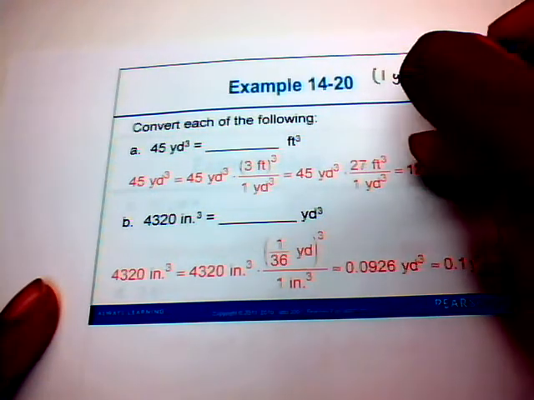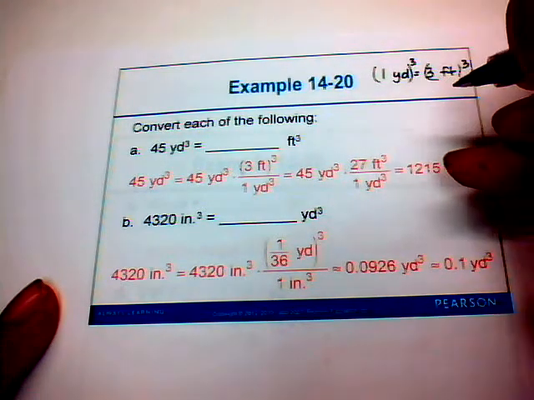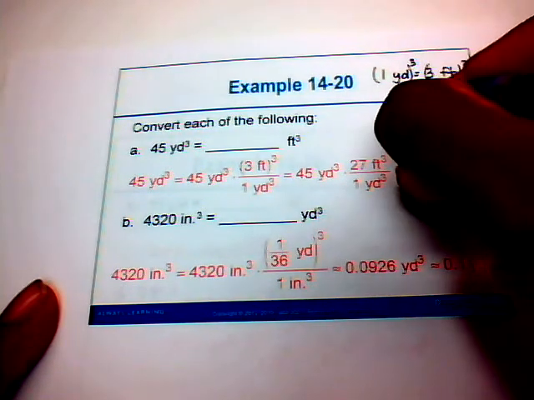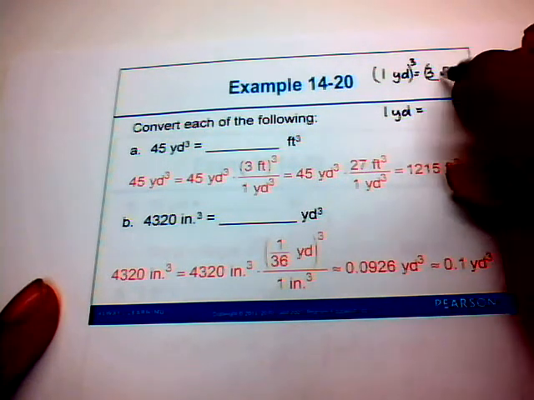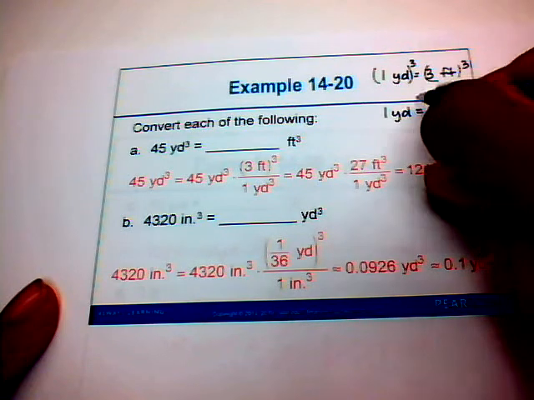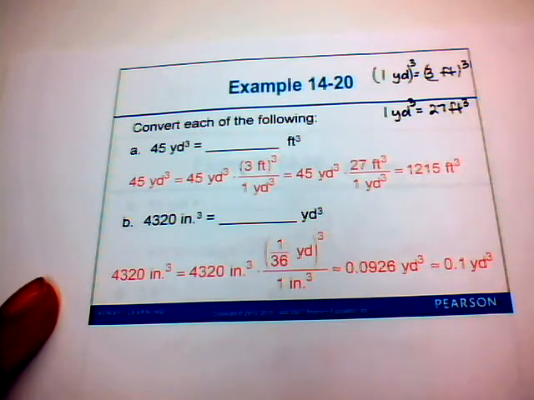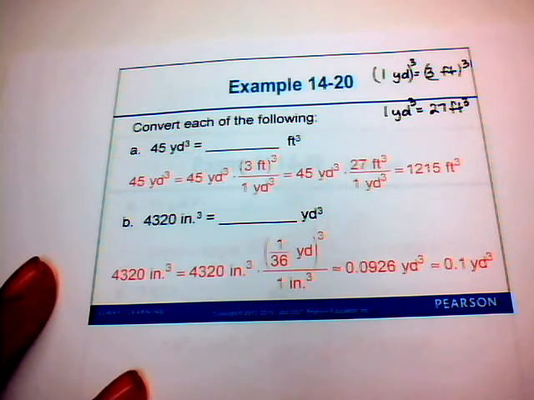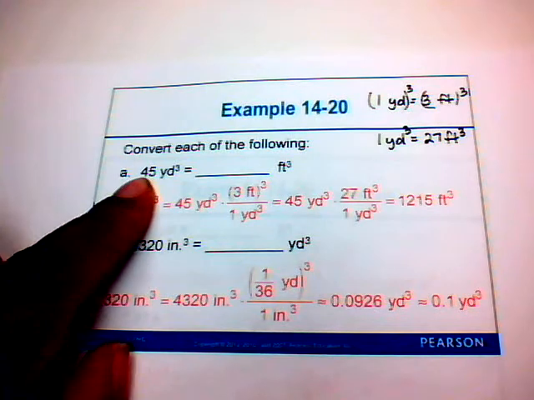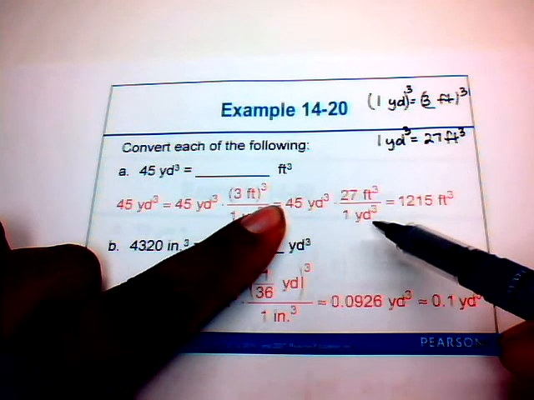If I cube both sides, it means this. 1 yard is equivalent to 3 cubed, 3 to the third power, that's 27. And I mean 1 cubic yard is equal to 27 cubic feet. Okay. So what we'll do here is take that 45. We're converting from cubic yards to cubic feet, so what we're converting from goes in the denominator.